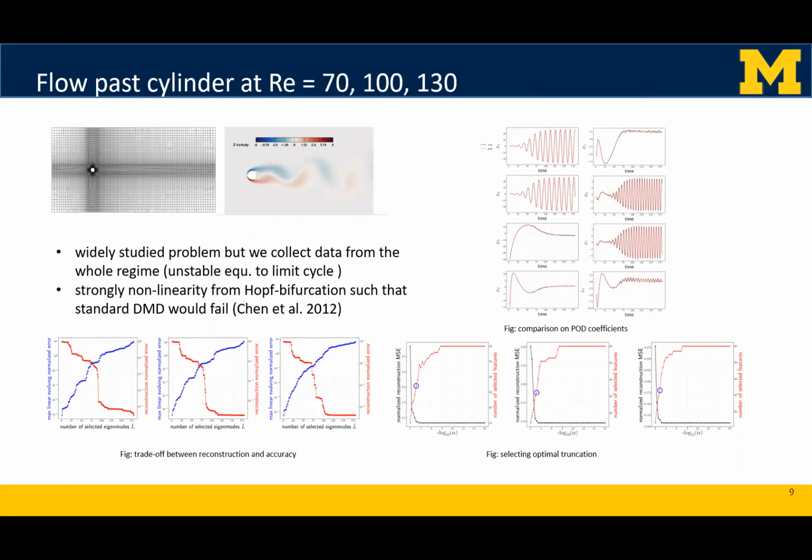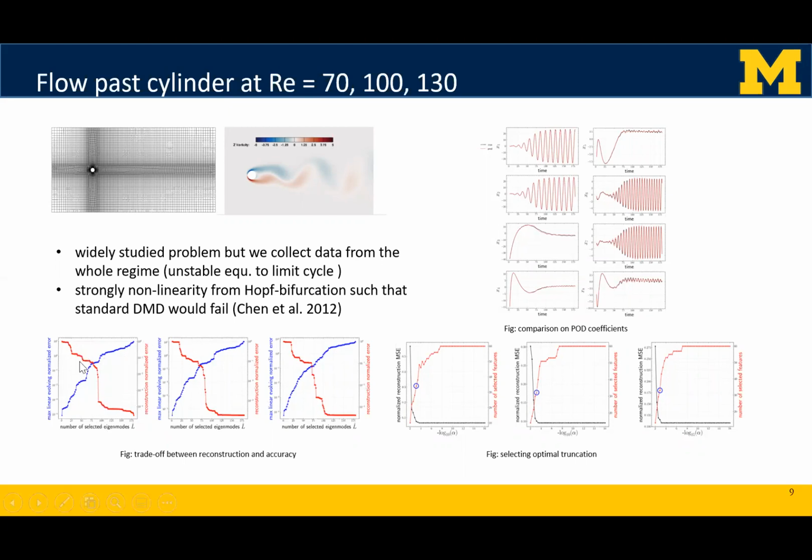Note that our data contains the whole phase from the unstable equilibrium to the limit cycle. Our algorithm shows accurate reconstruction performance against the ground truth data, and you can easily see how we select truncations based on this reconstruction plot and linear evolution plot.